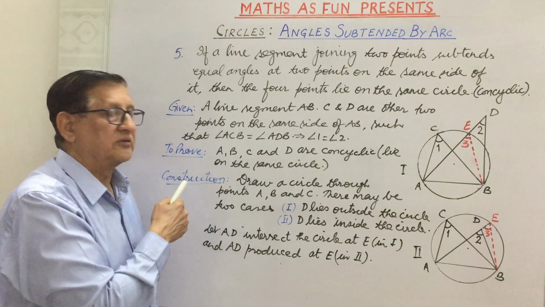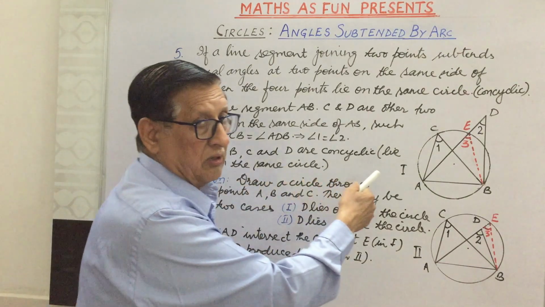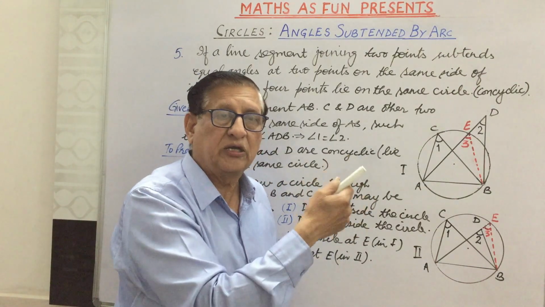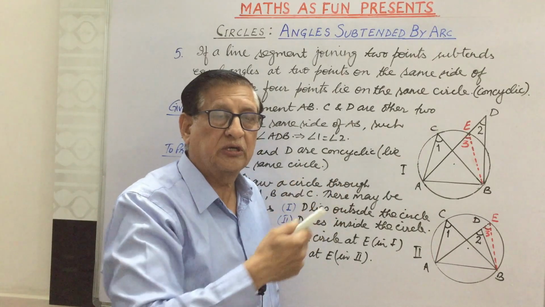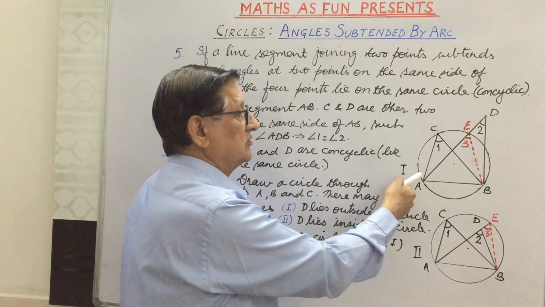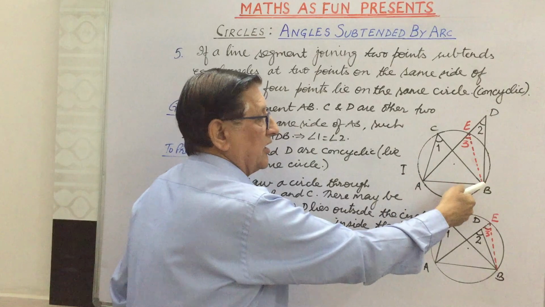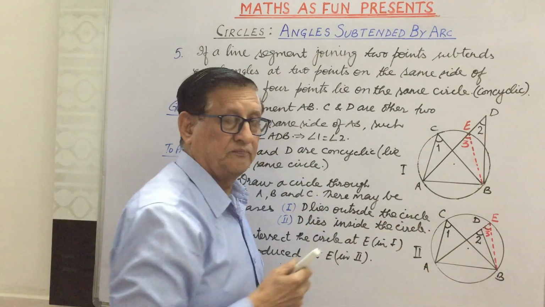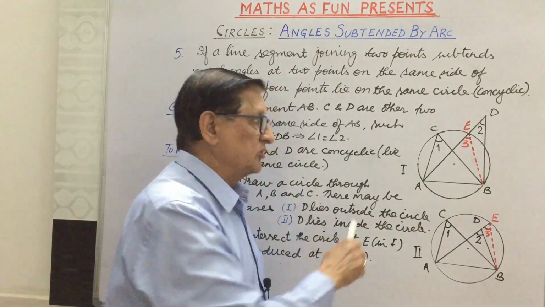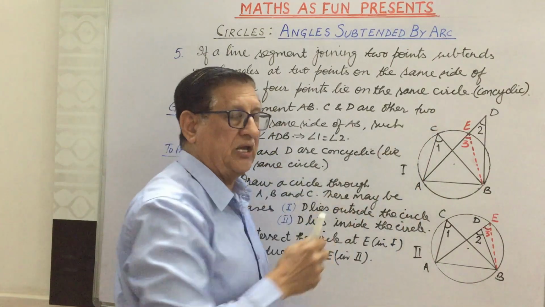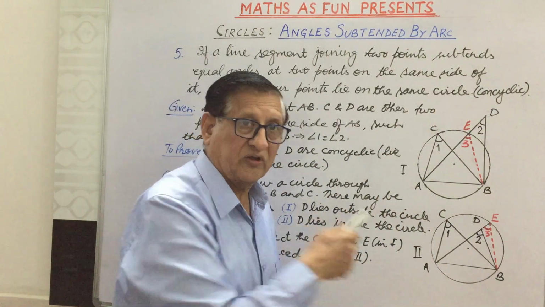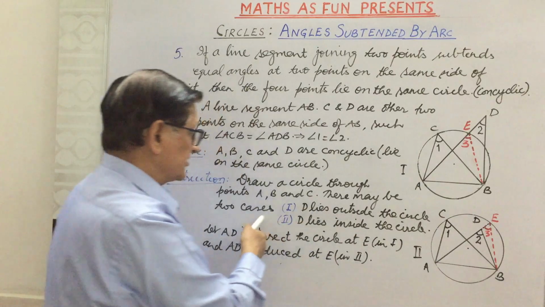There is a construction. See, we can draw any circle passing through any 3 non-collinear points. So we can draw a circle passing through points A, B and C. Suppose the circle does not pass through D. What we find, there may be 2 cases.